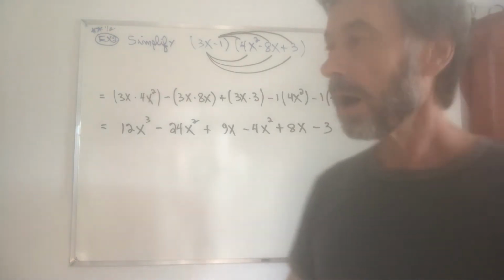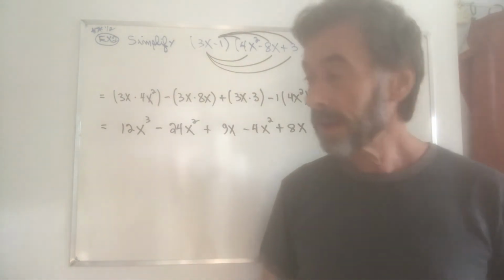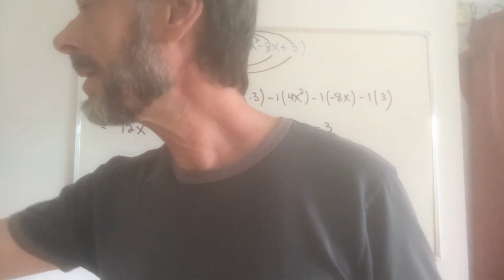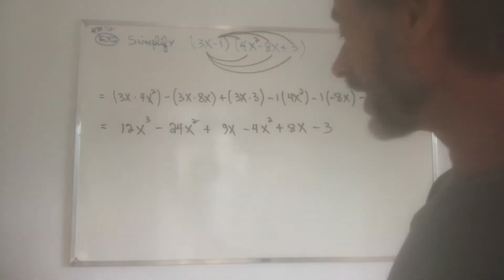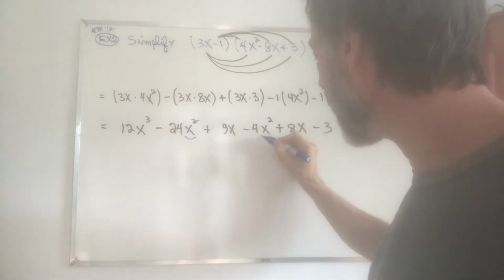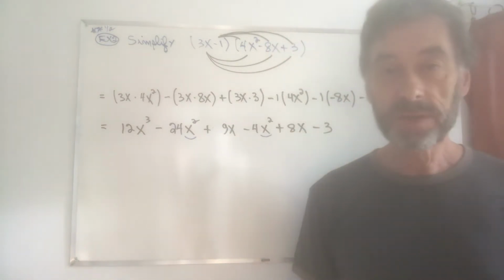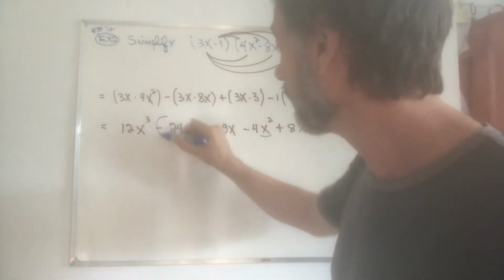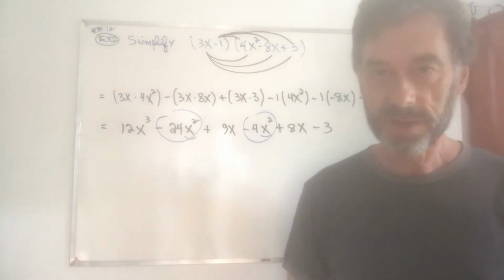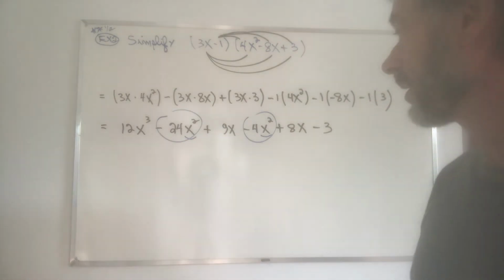Now what? Are there any like terms in here that I can actually bring together? Like terms mean that they really have to be exactly the same in terms of x's. Well, this is an x squared, and this is an x squared. So these two terms are called like terms because they are both x squared.